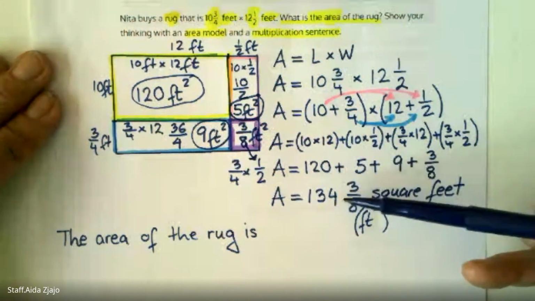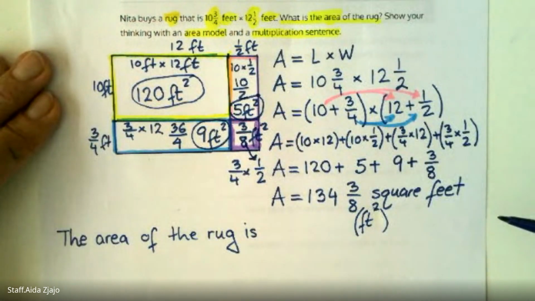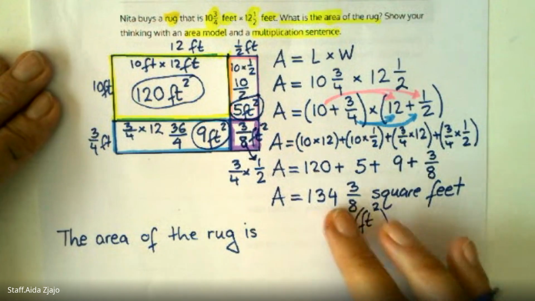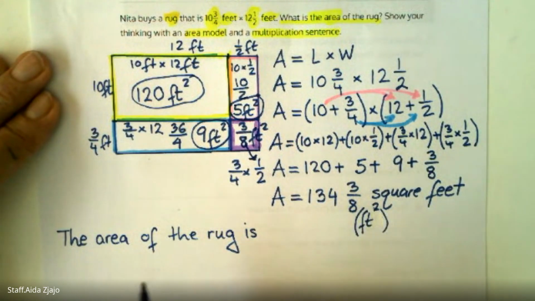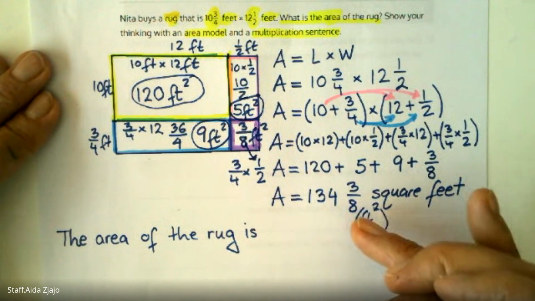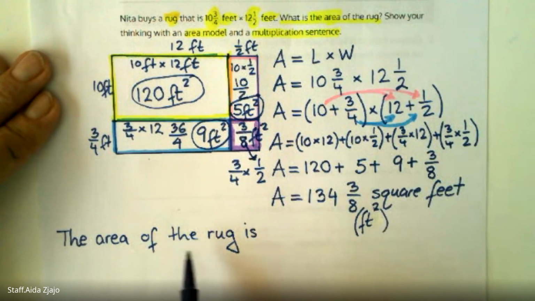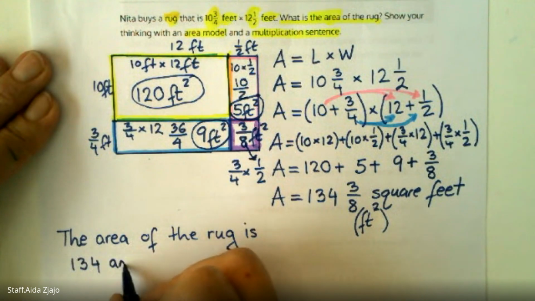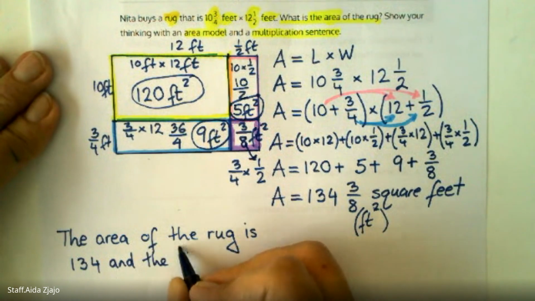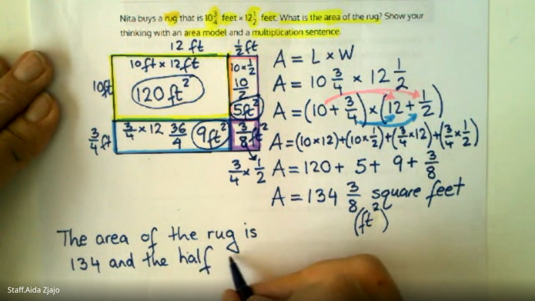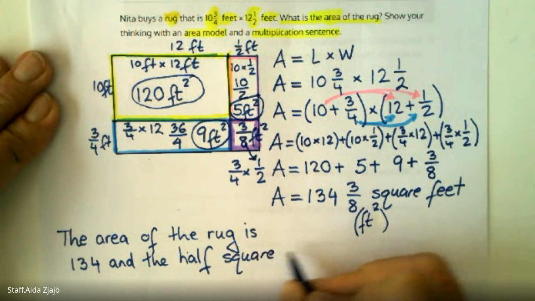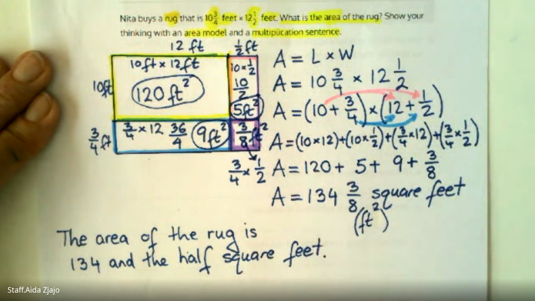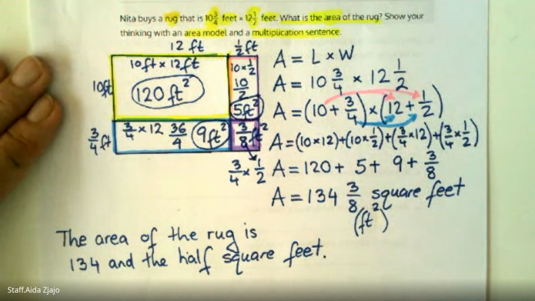So we can say 134 and a half square feet. That could be a rounding, or we can just put the exact amount. If I round to the nearest half square foot, I could say the area of the rug is 134 and a half square feet.